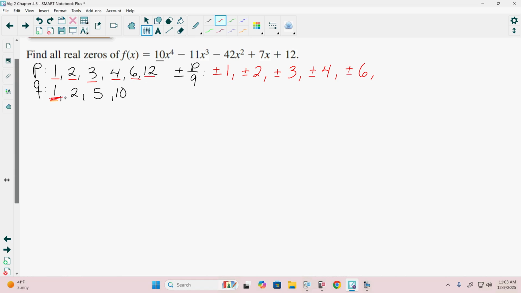And 12 divided by 1 is 12. So all we did was took all those factors of P and divided by 1. We good with this so far?